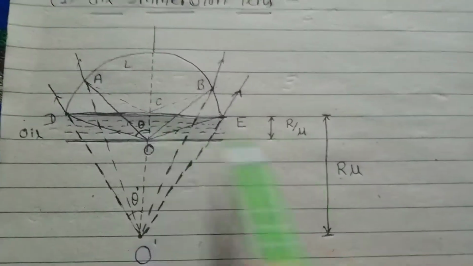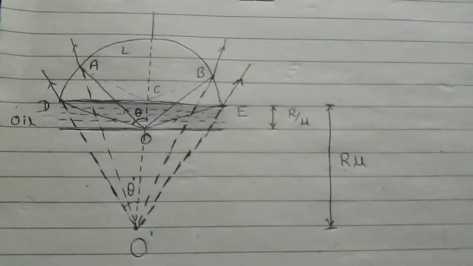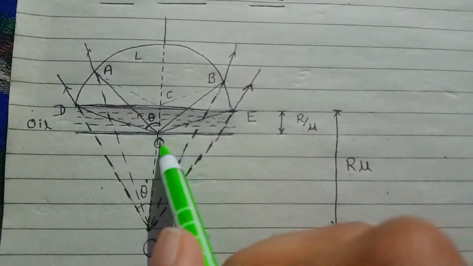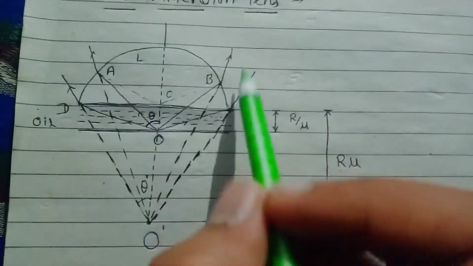And here, as you can see, the depth of the oil is R by mu, which is the distance between point O and C, where C is the center of the hemispherical lens.